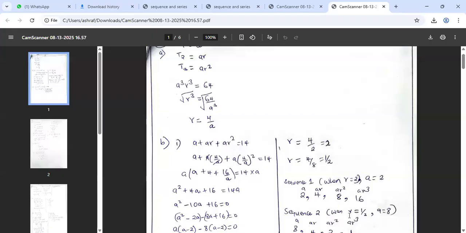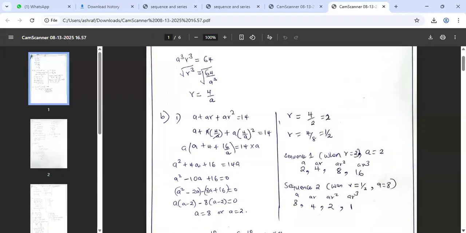We get a quadratic equation in A. If you solve that quadratic equation, you get 2 values of A: A is 8 and A is 2. Then using the 2 values of A, you also get the 2 values of R. When A is 2, R is 2. When A is 8, R is a half.